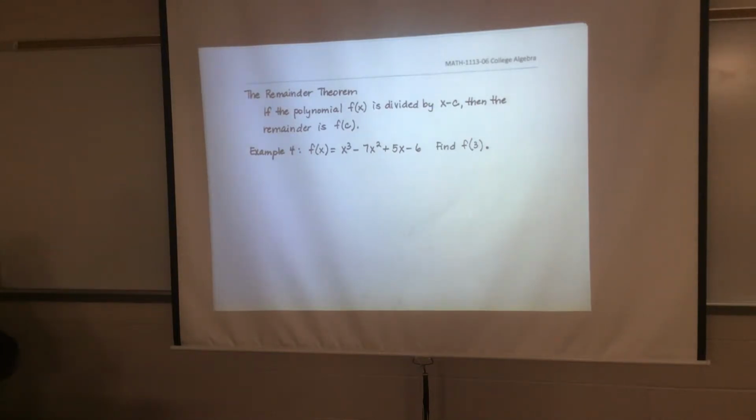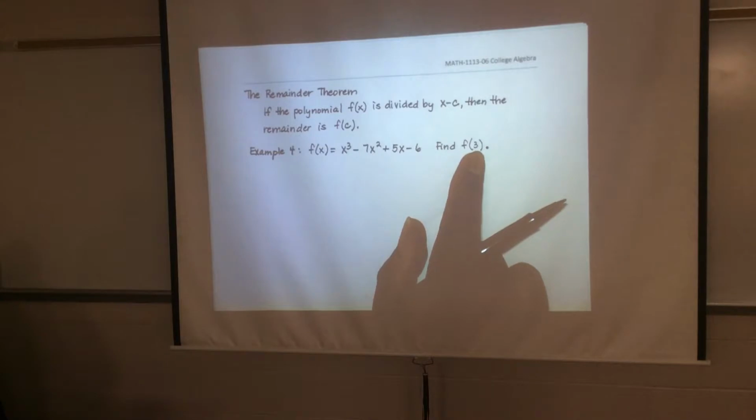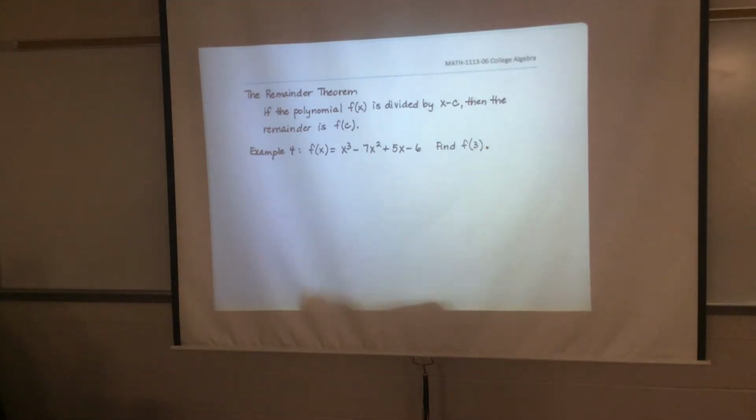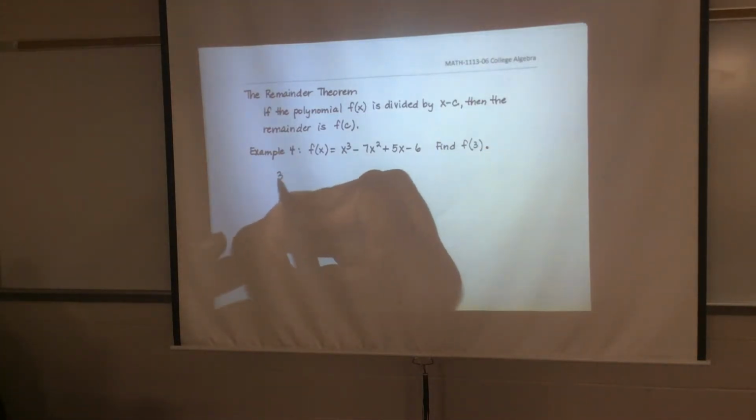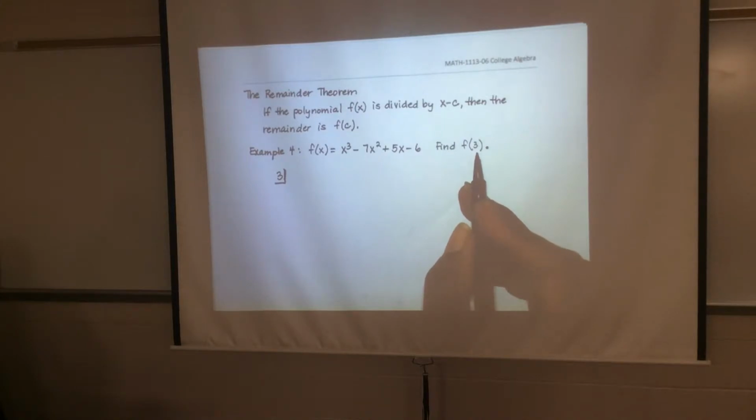Now, our x is going to be equal to 3, so here we're just going to use that 3 as your divisor. Okay? Now, we won't use negative 3 because here your x value is already equal to something. X is equal to 3, so that 3, we just use that as your divisor.